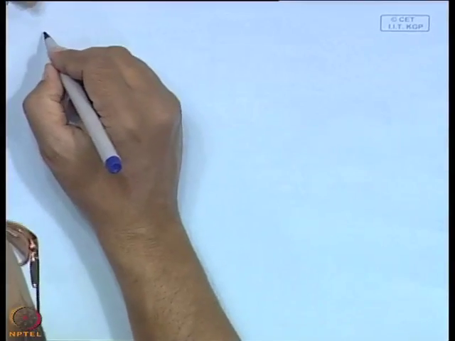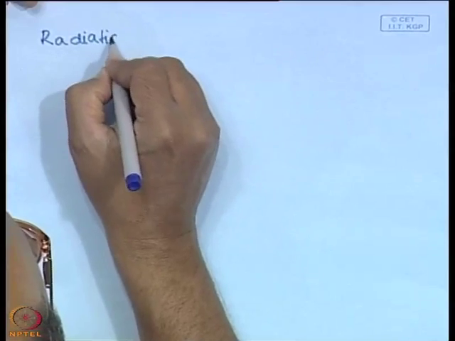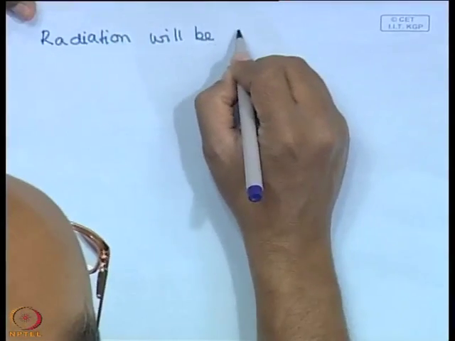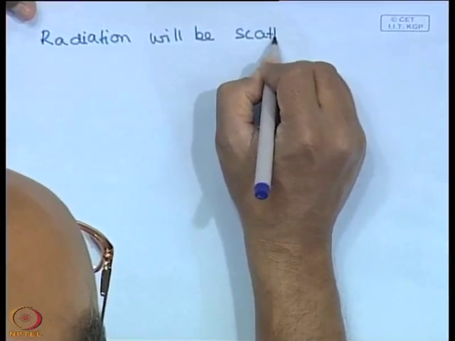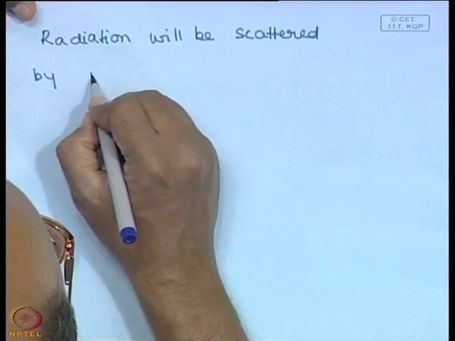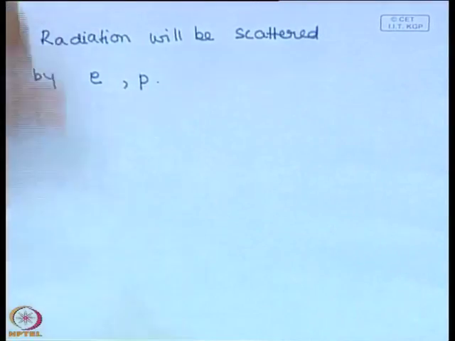So, the radiation will be scattered by the electrons and by the protons, right, by the ions both.